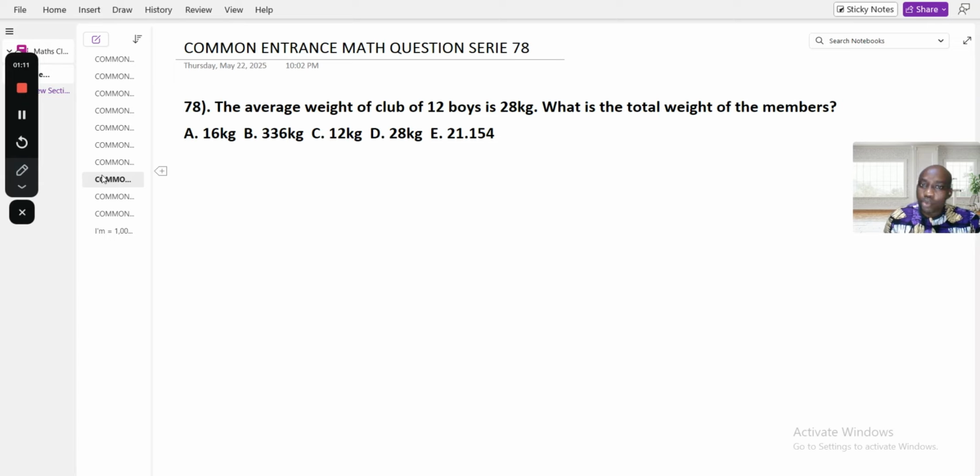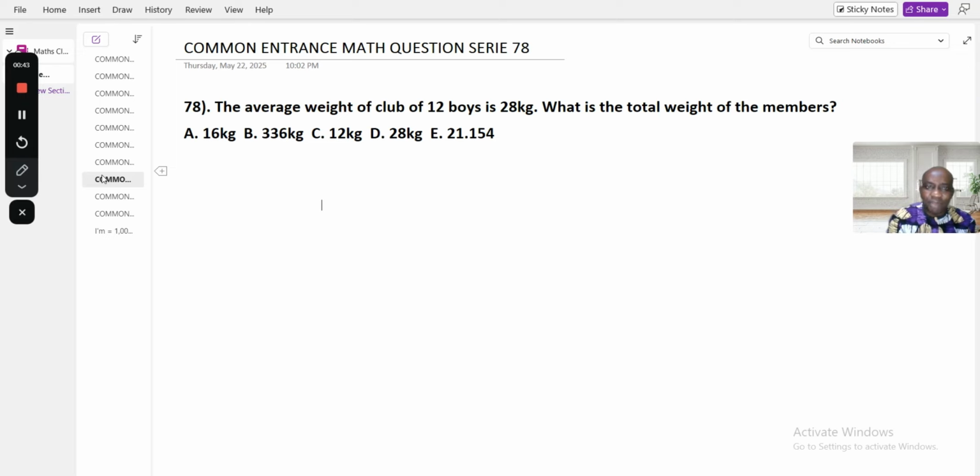Now, the question says the average weight of a club of 12 boys is 28 kilogram. You know, when we have 12 boys in a club, each of them will weigh something. Maybe some people will weigh 30, some people will weigh 25, some people will weigh 50 kilogram. But now the question says their average is 28 kilogram.